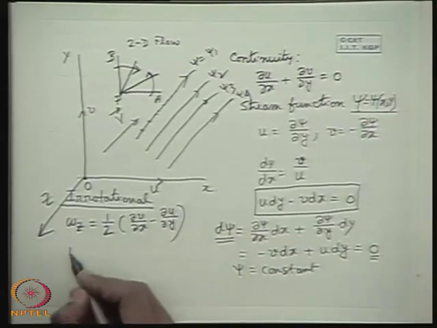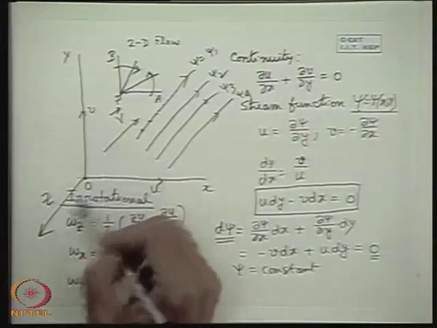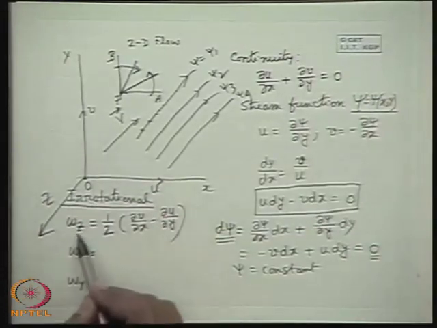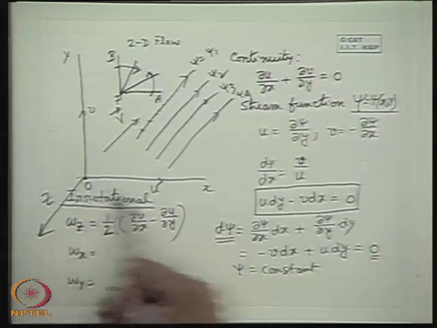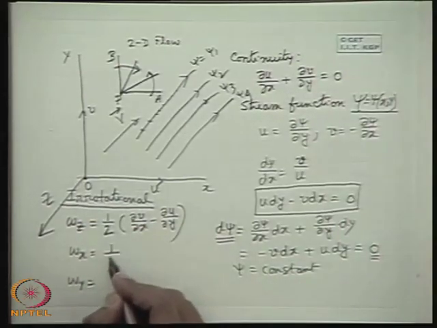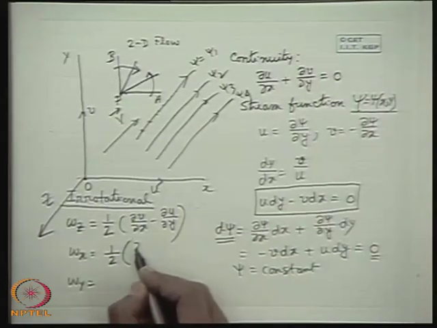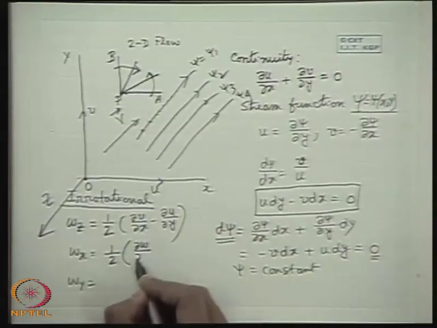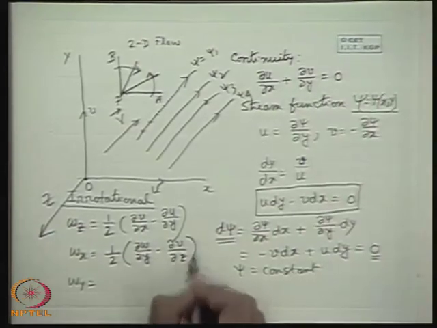Now we can recognize the other components of the rotation. This is rotation in the xy plane, that is rotation about the z axis. Rotation in the yz plane, that is about the x axis, will be del w del y minus del v del z.